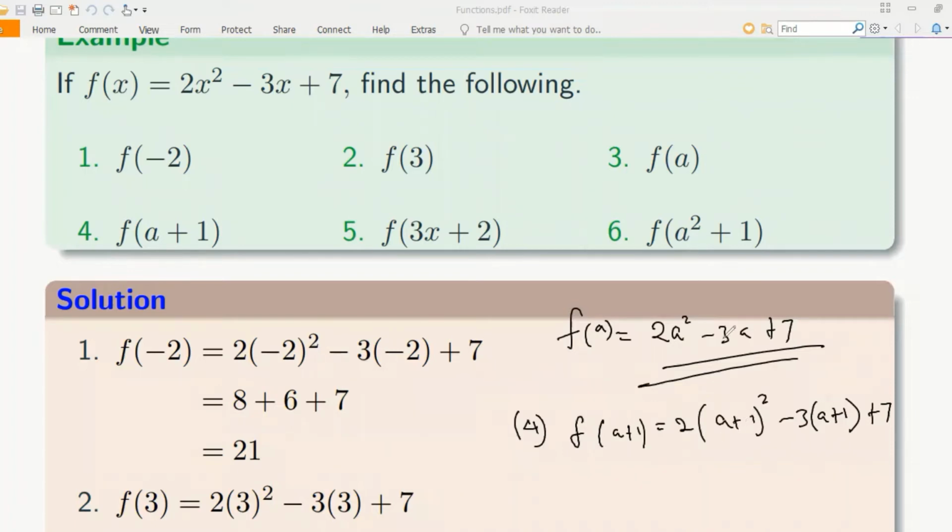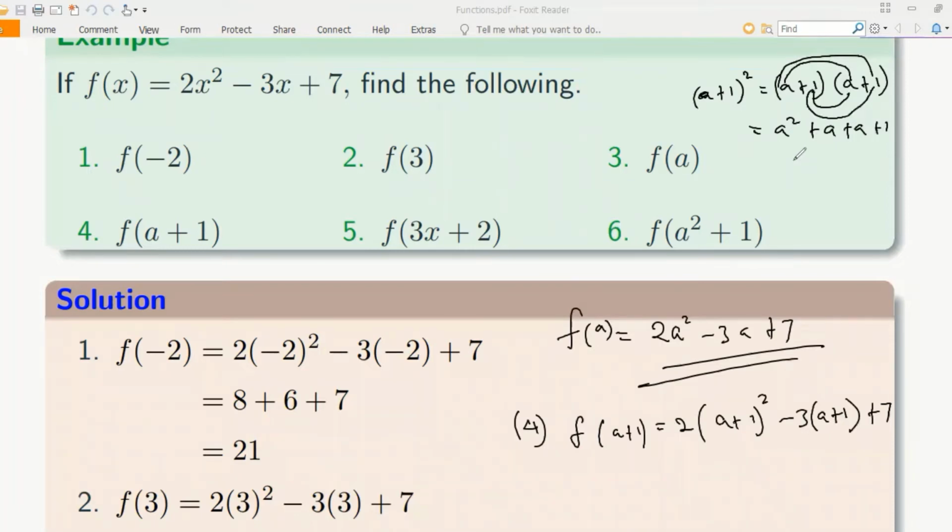We know that a plus 1 squared is the same as a plus 1 multiplied by a plus 1. We multiply this to get a squared, then this to get a, then this to get a, then this to get 1.